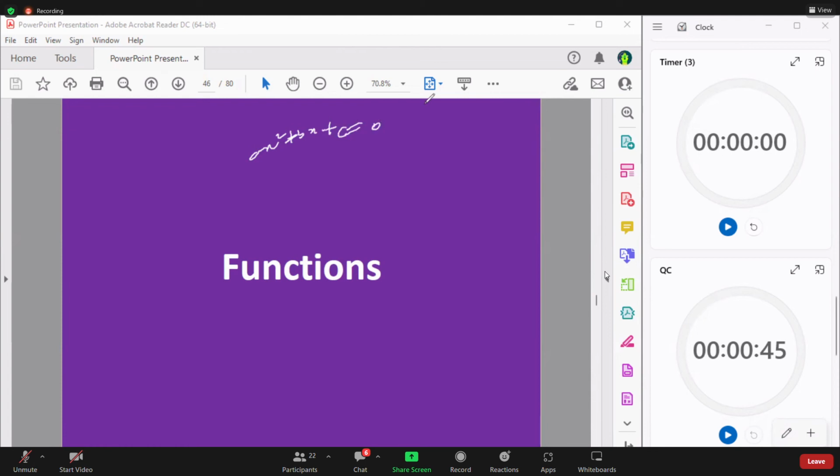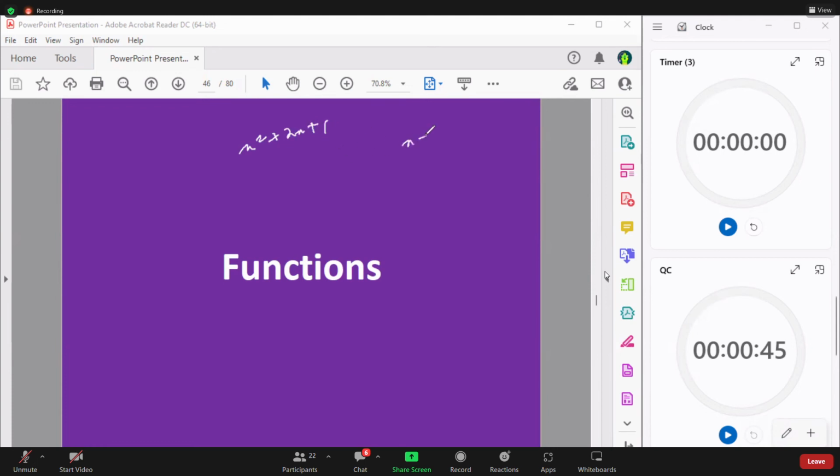The thing is, with functions, instead of considering only the roots, we also consider the values which may or may not be the roots. Okay, so let's take the equation as x squared plus 2x plus 1.